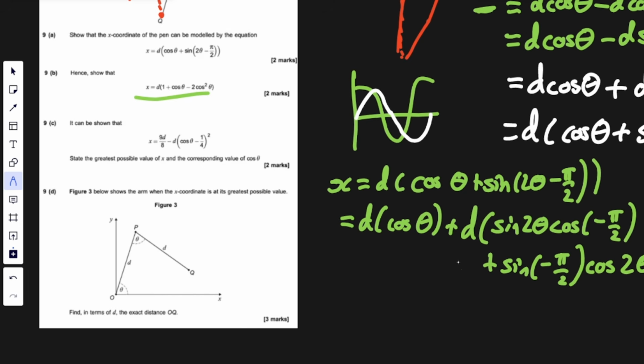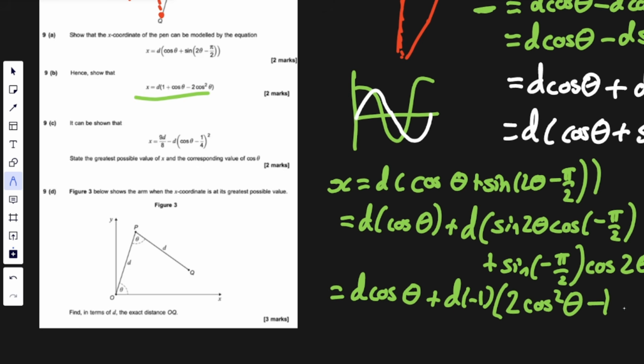Now cos of pi on 2 is 0. So you get d cos theta plus d, this is going to be negative 1, and cos 2 theta. Now cos 2 theta, we need to turn that into coses. So this is the same as 2 cos squared theta minus 1.